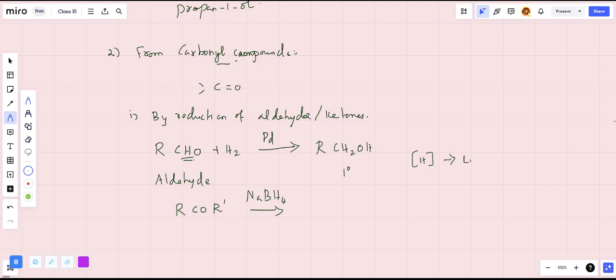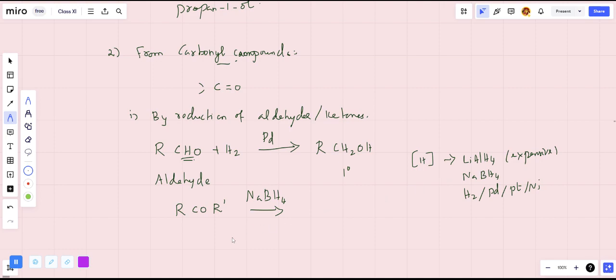Lithium aluminum hydride can be used as a reducing agent, NaBH4 is also used, or hydrogen with palladium, platinum or nickel can be used. Here we use sodium borohydride or lithium aluminum hydride. Anything we can use, but lithium aluminum hydride is a little bit expensive, so we are using sodium borohydride.